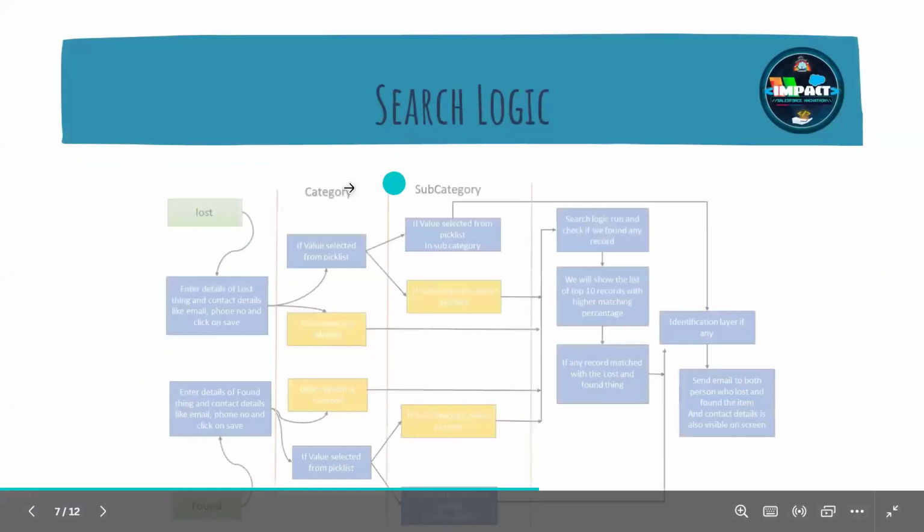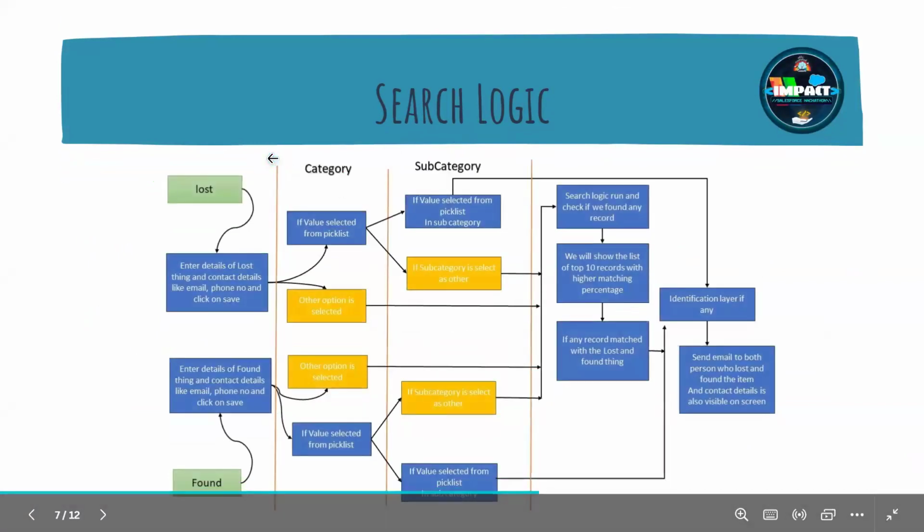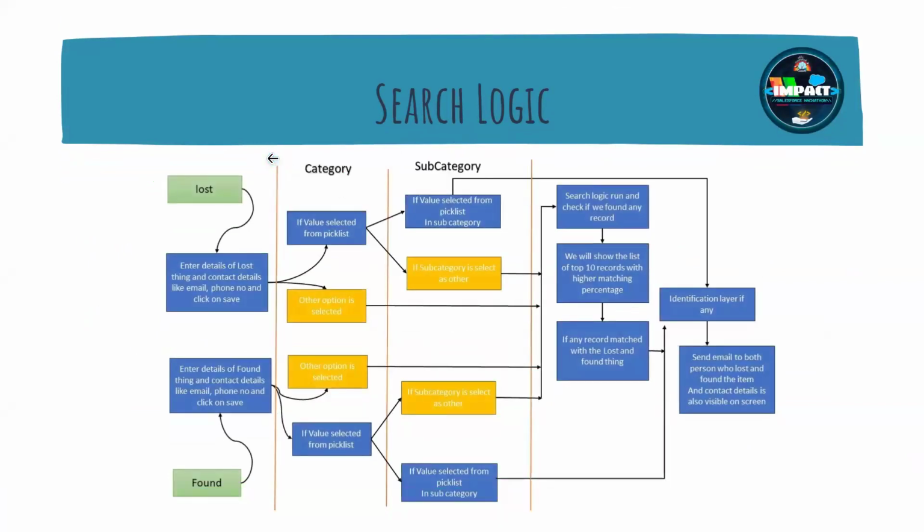The search logic which we have implemented is that we have given two pick lists: category and subcategory. For example, I have lost my Aadhaar card. So we have a category called document, and in subcategory we have Aadhaar card.